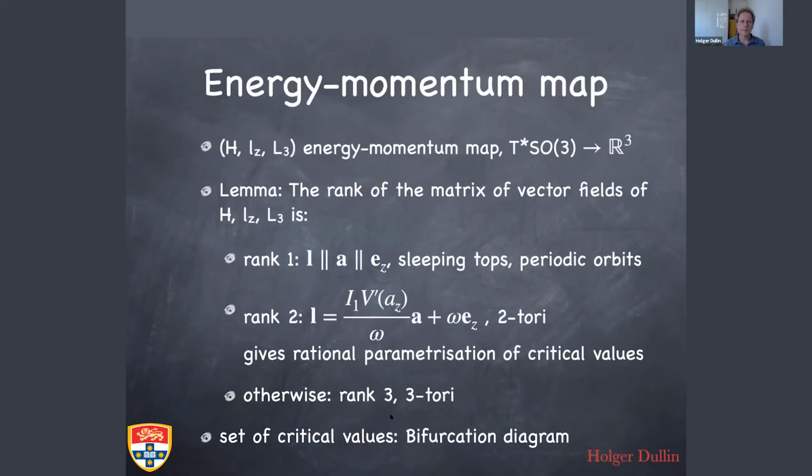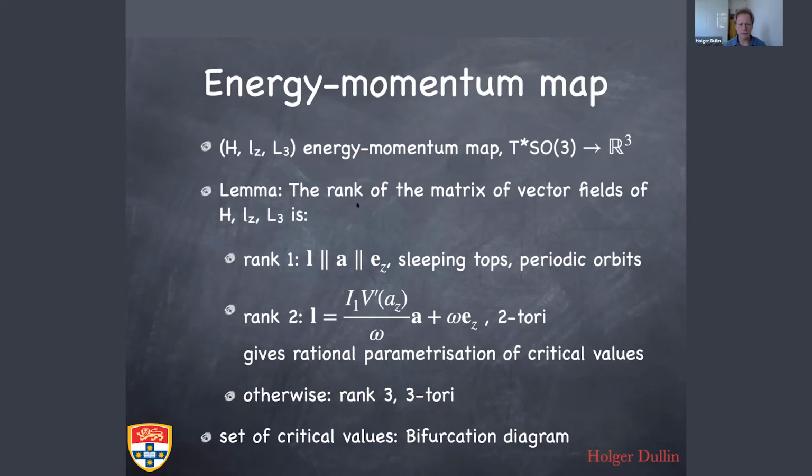Okay, so now the energy momentum map. So this is a mapping H, Lz, L3 that maps from T star SO3, which you may think of as the symplectic leaf that you get when you fix your Casimir to 1 in this R7, to R3. And we're interested in the rank of this energy momentum map.